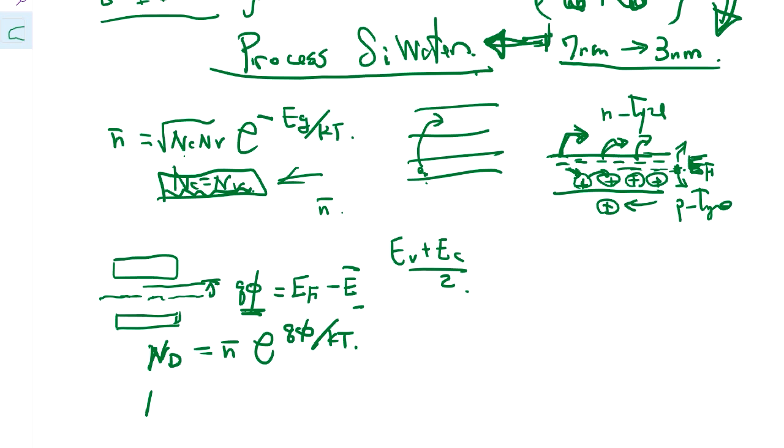If it's an acceptor, a hole, then it's P, the same as N average e to the Q phi over KT.